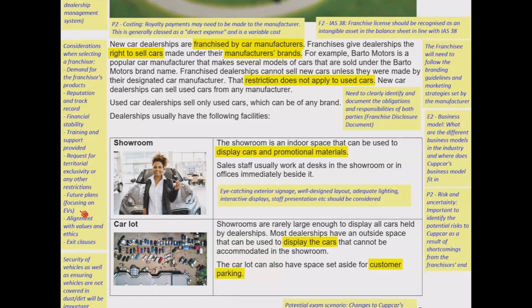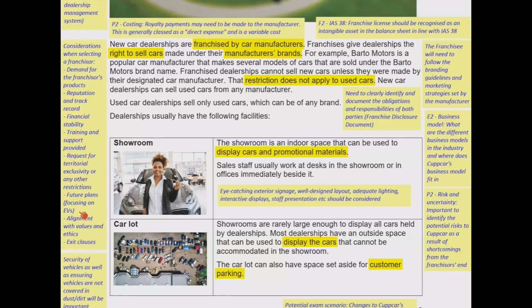But one I wanted to mention, as I'm pointing it out for you there, is that in the real world, we're seeing a big move towards electric vehicles. Depending upon the country that you're in, there's legislation and there are targets for phasing out petrol and diesel cars and for going solely to electric vehicles. Different countries are at different stages with that.